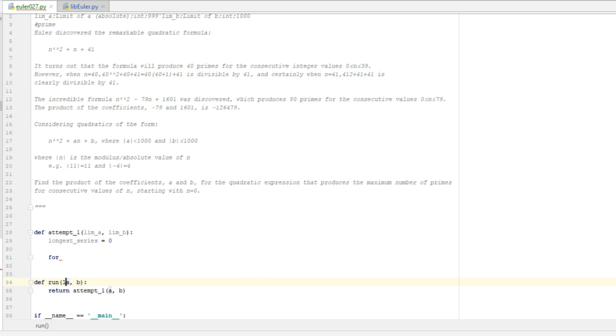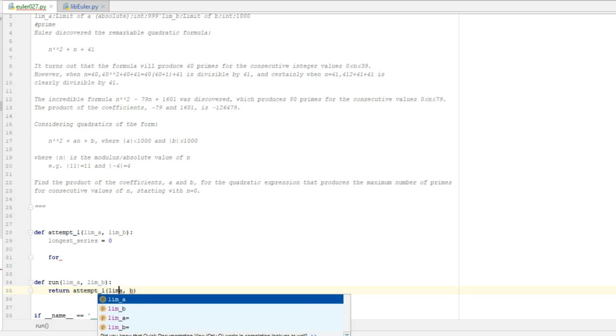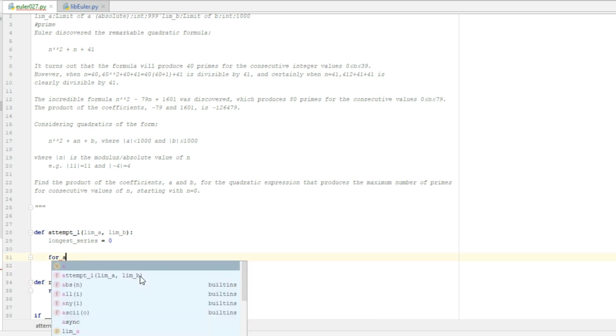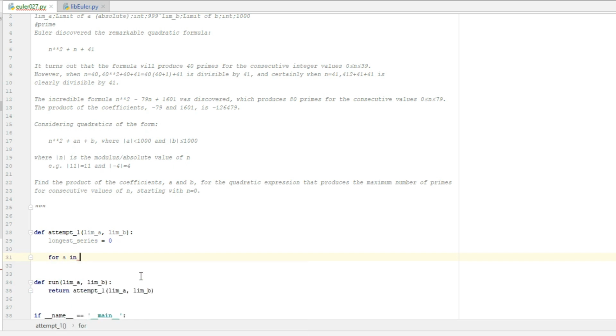Might as well do the same for this. Alright. So we get a specific a value. And as said, this can go all the way from negative boundary up to the boundary.